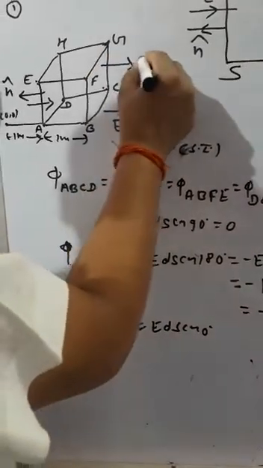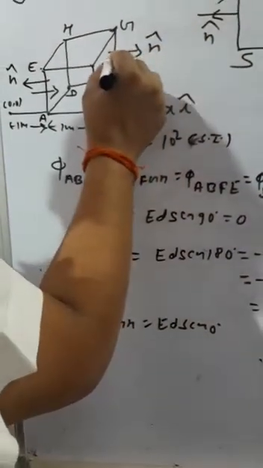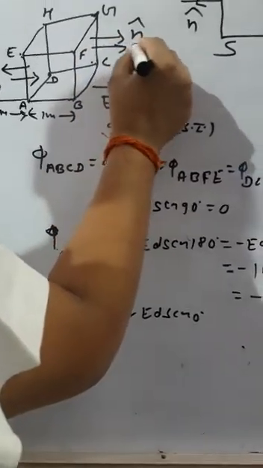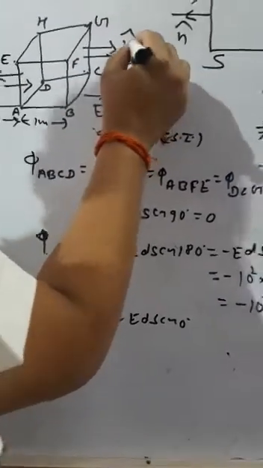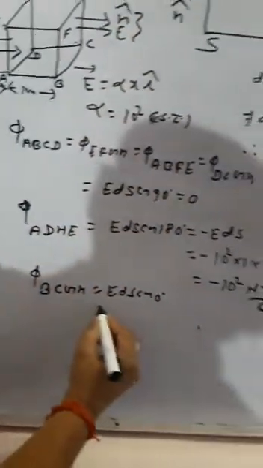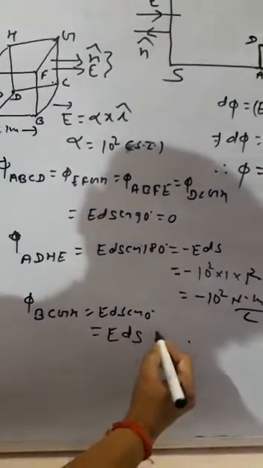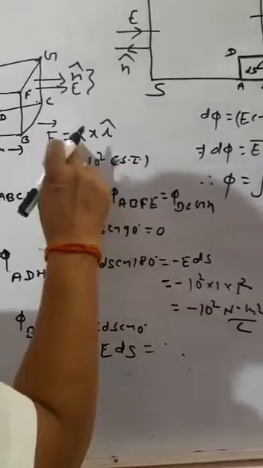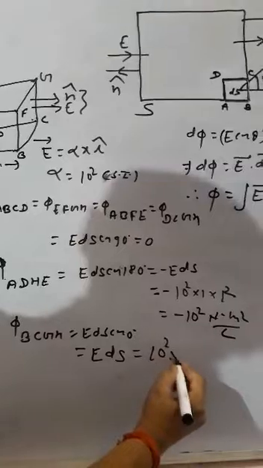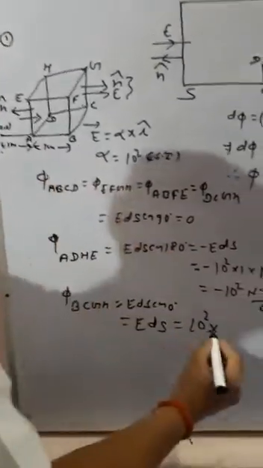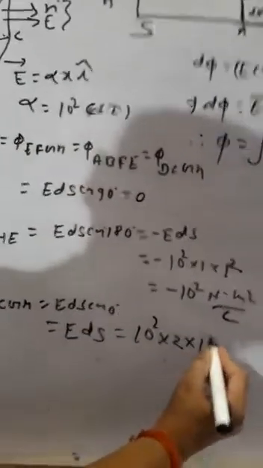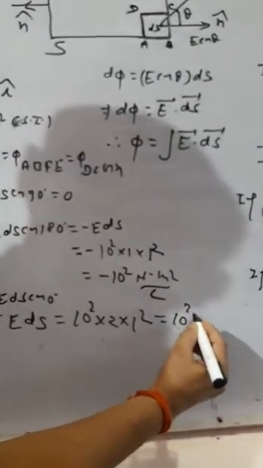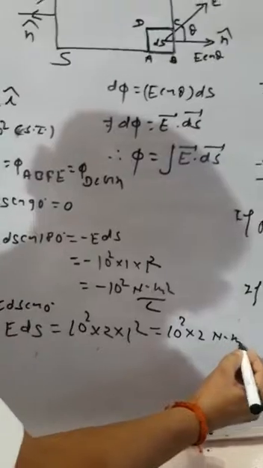Since the outward normal and electric field are parallel, theta equals 0 degrees, that equals E into dS, where E means alpha x, alpha is 10 to the power 2 and x is 2 meters, and surface area is 1 meter square, which equals 10 to the power 2 into 2 Newton meter square per coulomb.